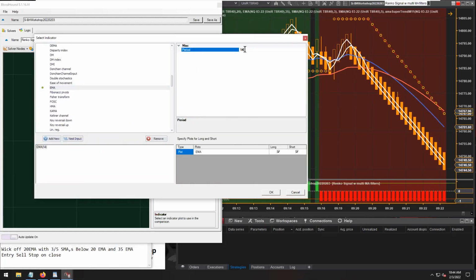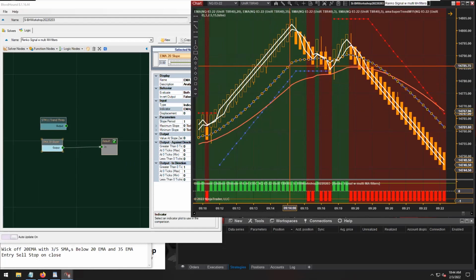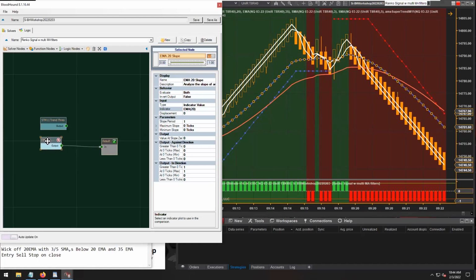There we have it. When the EMA is sloping up, we get a long output, and when the EMA is sloping down, we get a short output.